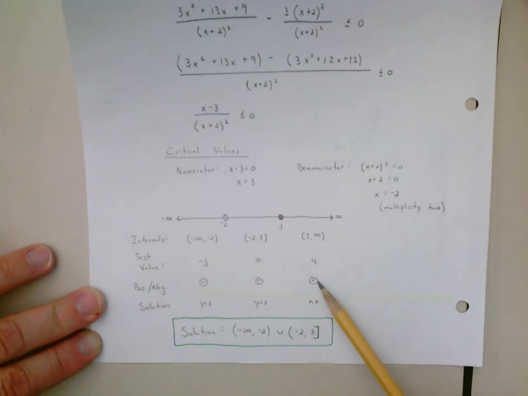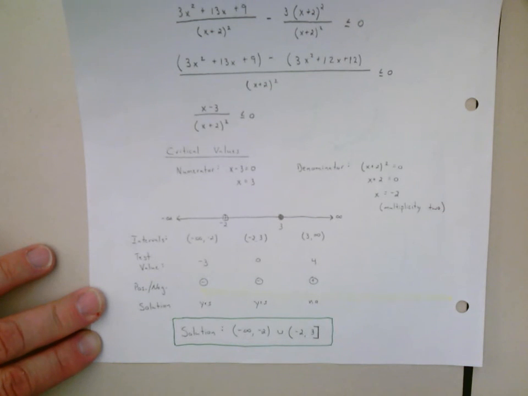But my test value in the third interval created a positive function value. Since we wanted less than or equal to 0, I've used both of these intervals as my solution set. Notice again in my solution set that I am closed at the value 3. So I have the solution set negative infinity to −2, an open interval, union −2 to 3, where I'm open at −2 because it's a critical value of the denominator, but I'm closed at 3.